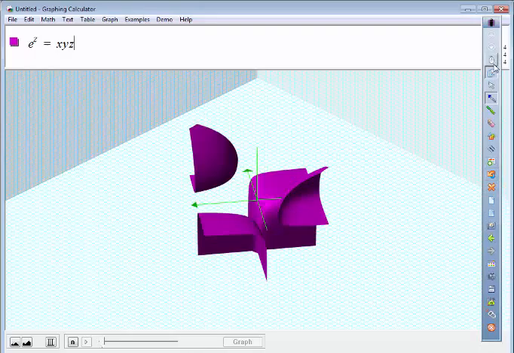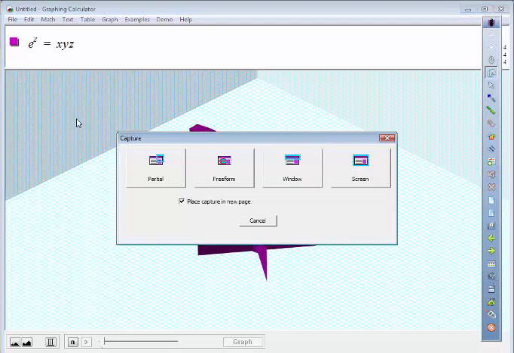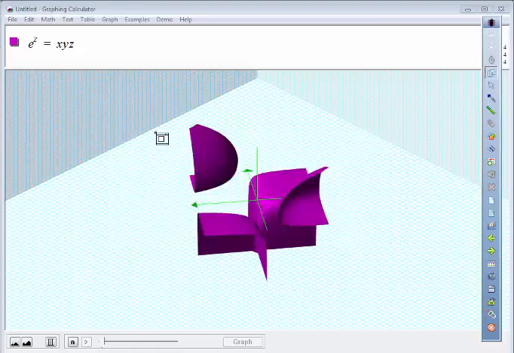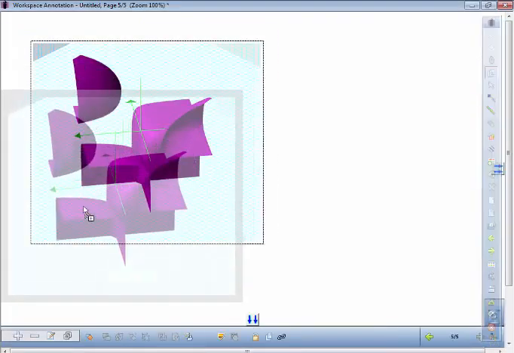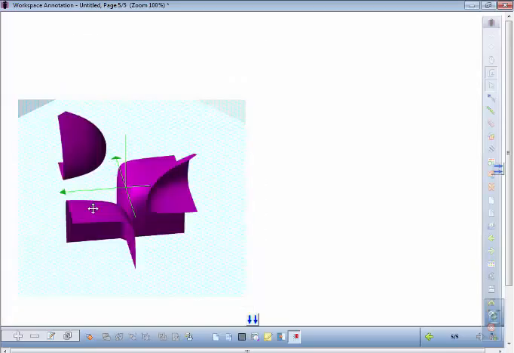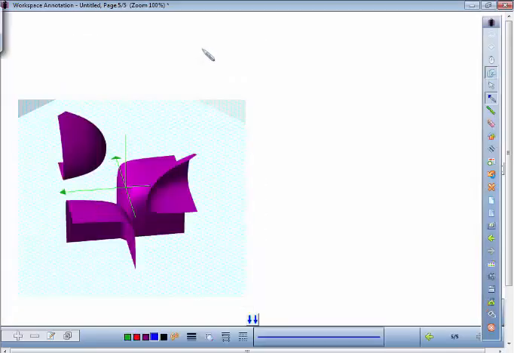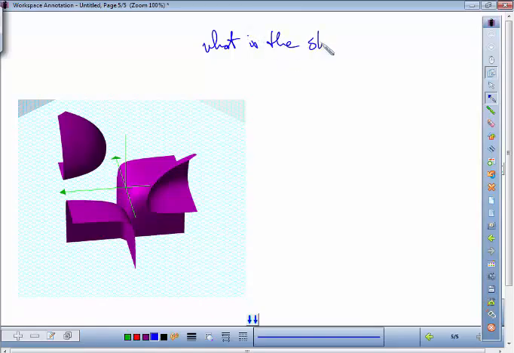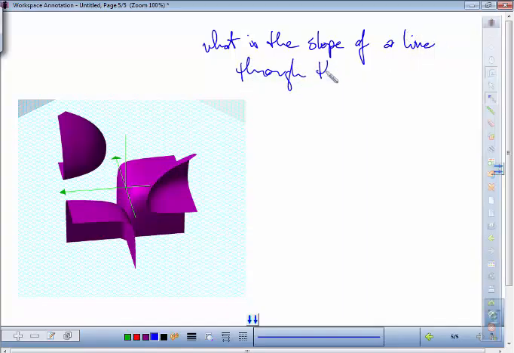So let's say on our graph that we wanted to know what is the slope of a line through the point. And for this, we have to make up a point that satisfies this equation.